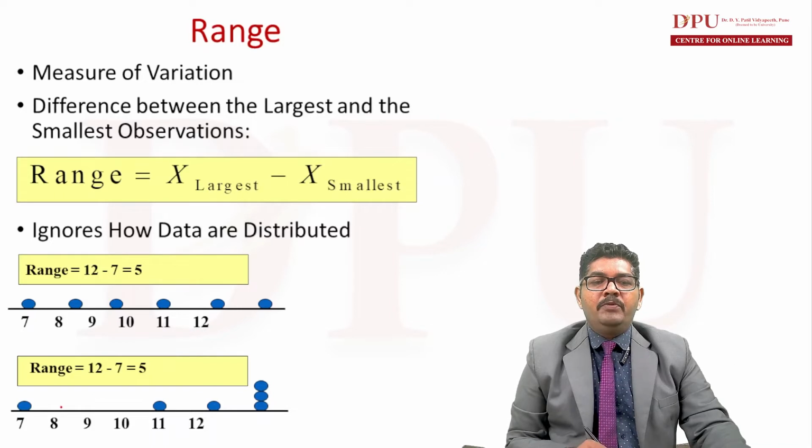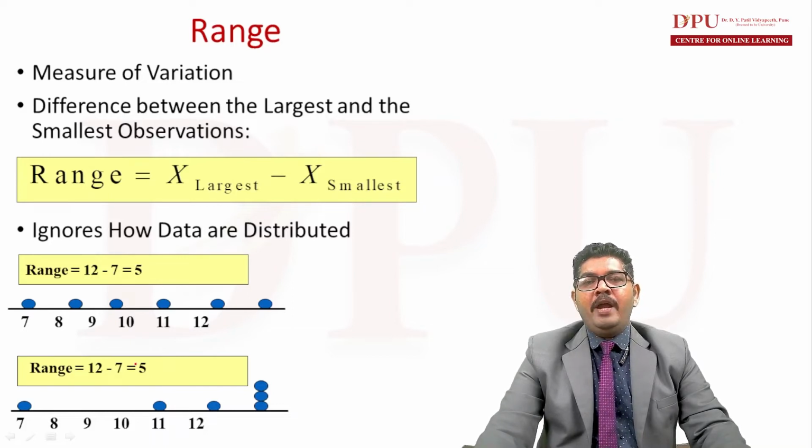So here the data is spread more widely, but still the largest value is 12 and the smallest value is 7, and therefore in this case also the range is 5. So it ignores how the data are distributed. It takes into account only two values, the largest value and the smallest value from the data set, in order to calculate range.